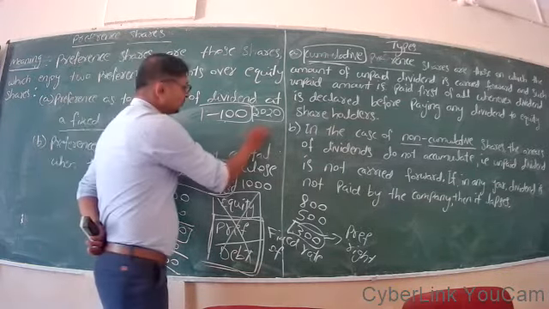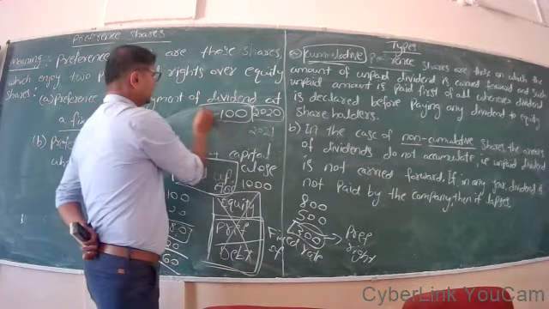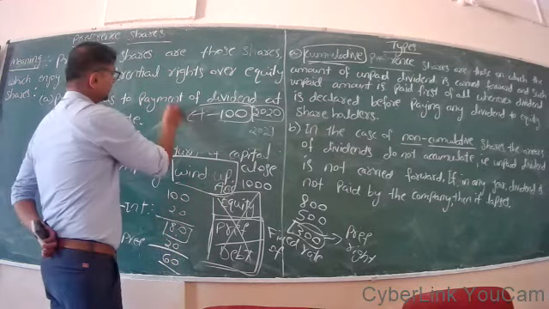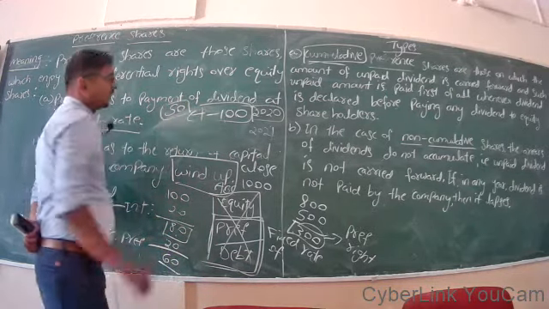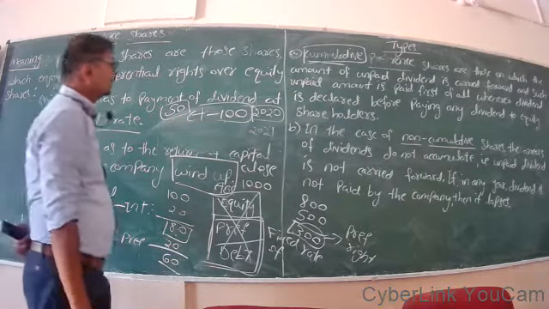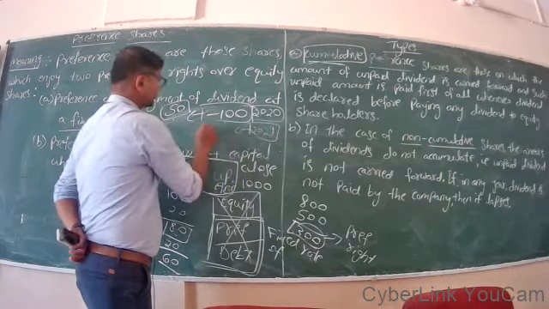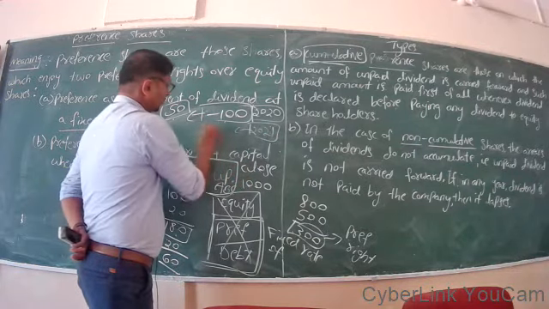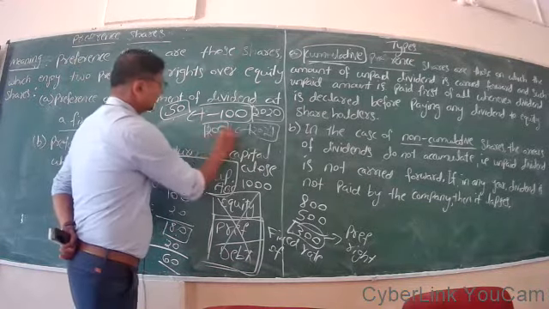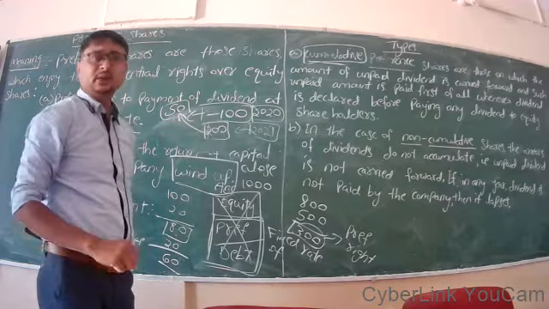And in the year 2021, the company earns profit. So this year we are supposed to pay preferential dividend of rupees 50. So these 50 are cumulative preference dividend. In the year 2021, the company earns 200 rupees net profit. So out of this net profit, we have to pay previous year's dividend also.